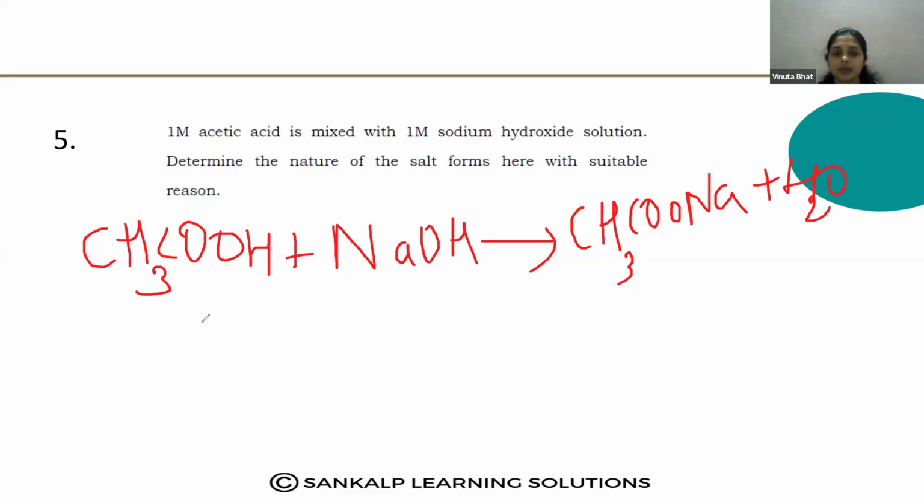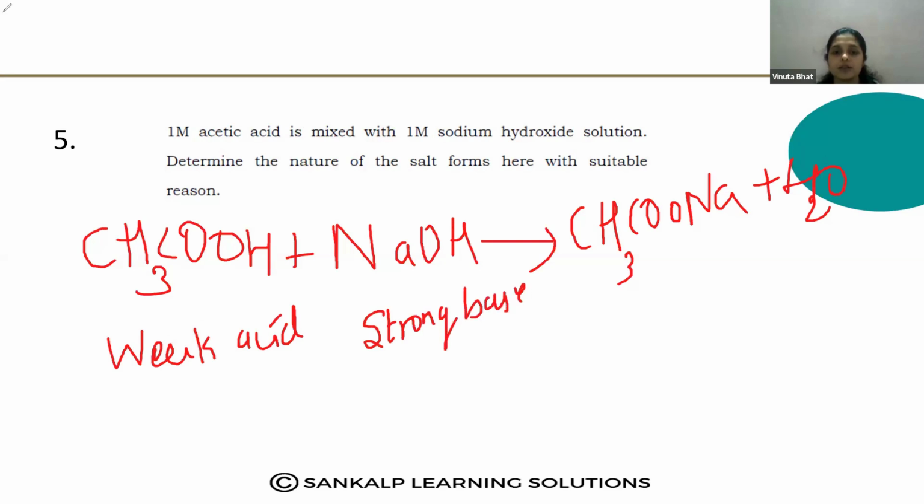Here, acetic acid is the weak acid, and sodium hydroxide, you know, is the strong base. Sodium acetate is the salt, and water is also formed. So what is the nature of the salt?